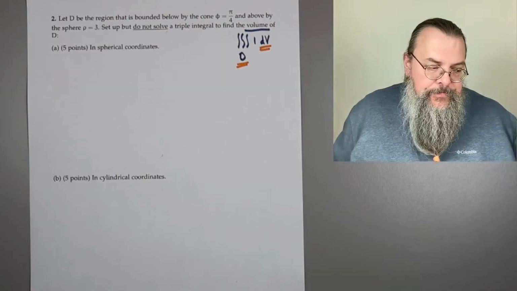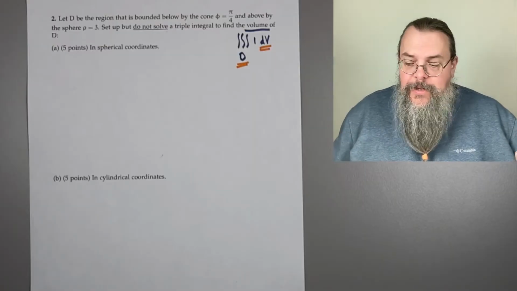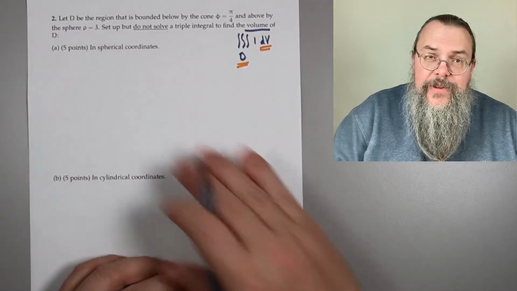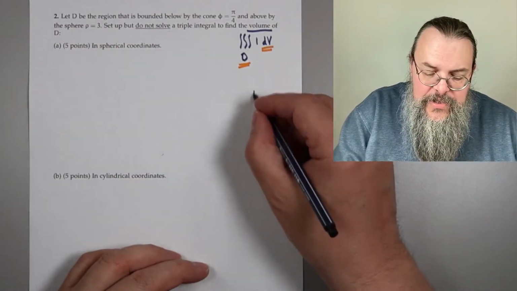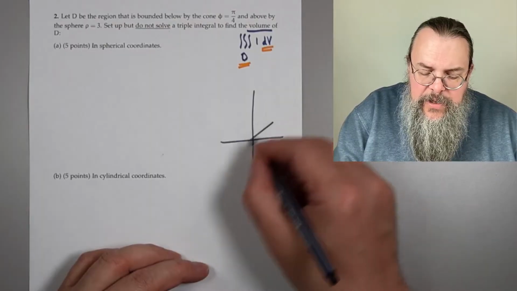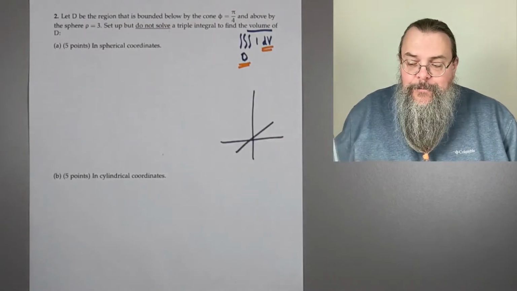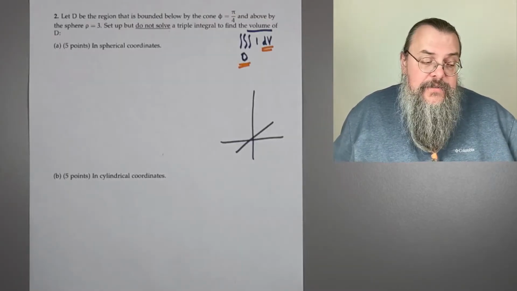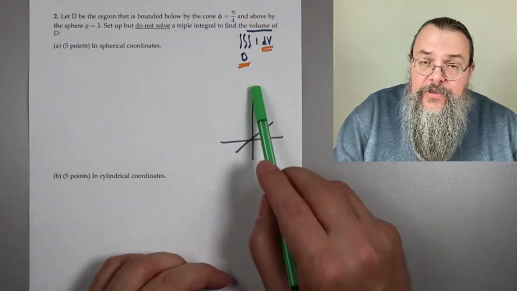Okay, so to begin, let's do a sketch of our region. We're in 3 dimensions because spherical coordinates tells us it's a 3-dimensional problem, and volume also says 3 dimensions. So we are drawing a 3-dimensional picture. Phi, let's start there. Phi is the angle off of the positive z-axis, so phi equals 0 is straight up.